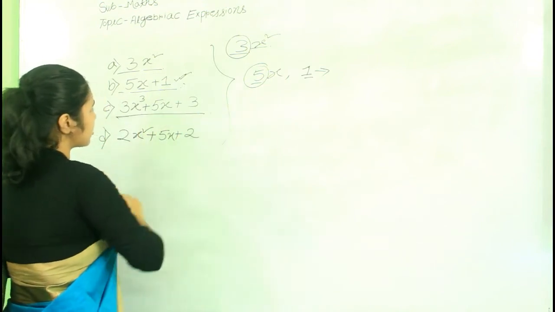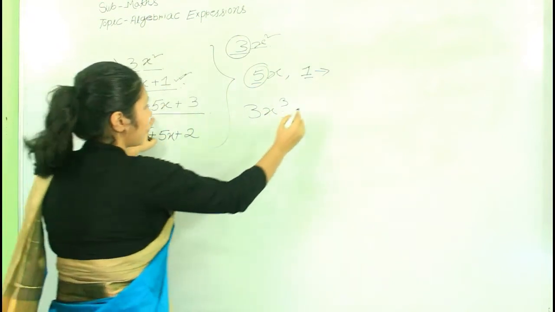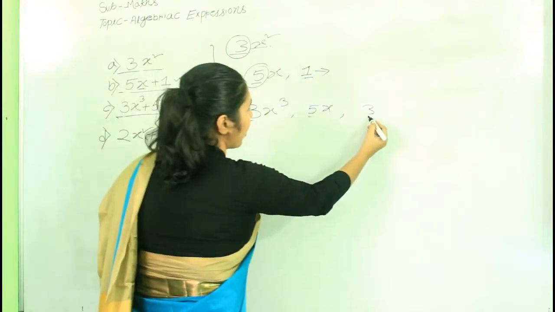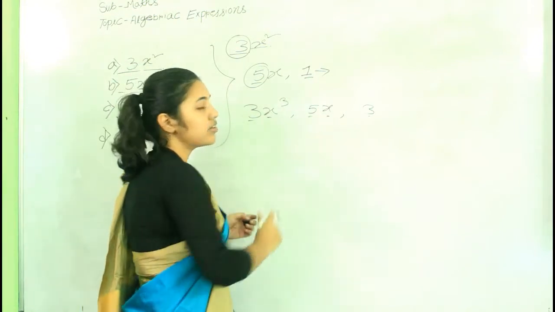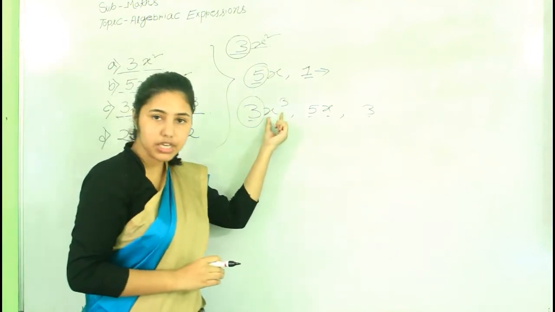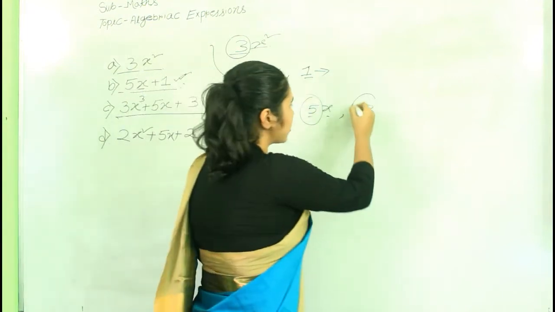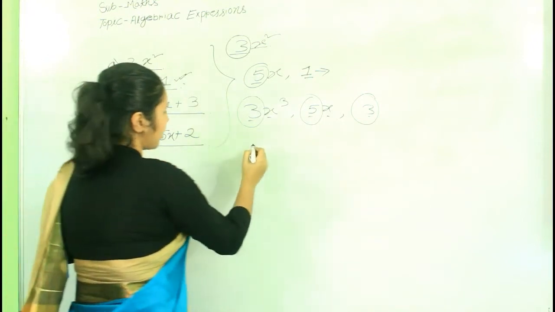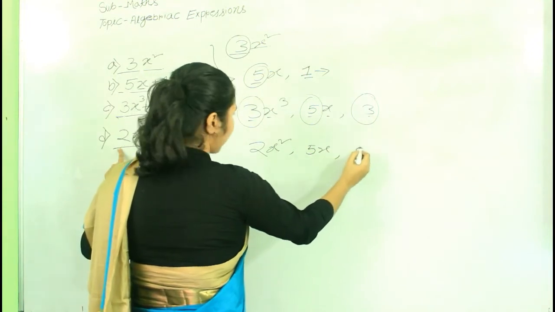Next, here in this expression we have three terms, 3x square, 5x and 3. Here 3, 5 and again 3 are the constants and x is the variable. Now 3 is the coefficient of x square, 5 is the coefficient of x and 3 is our constant term. Next expression also has three terms, 2x square, 5x and 2.